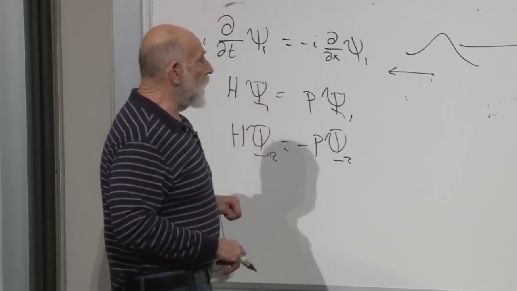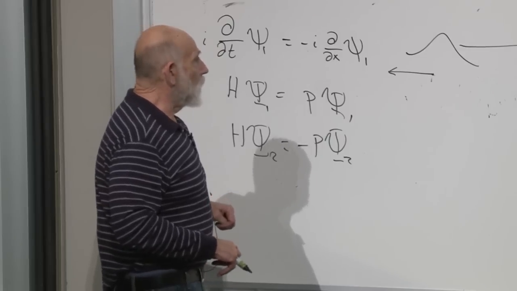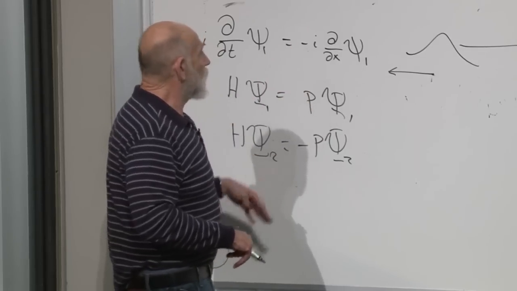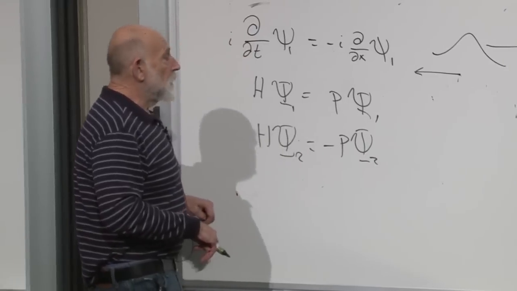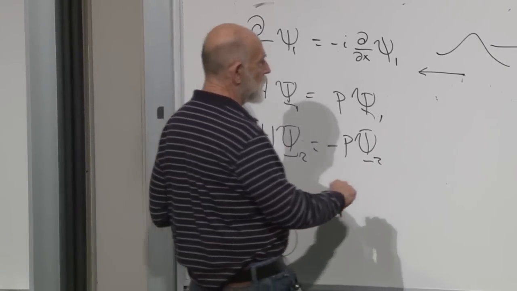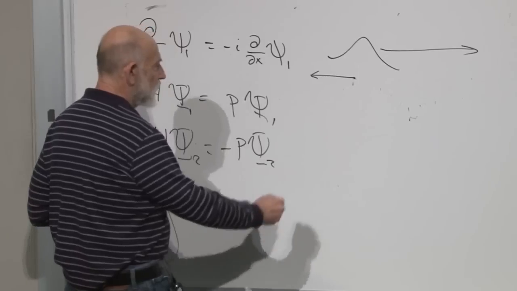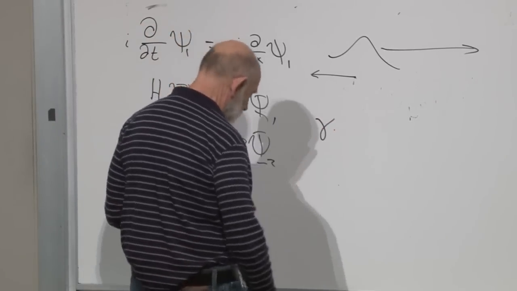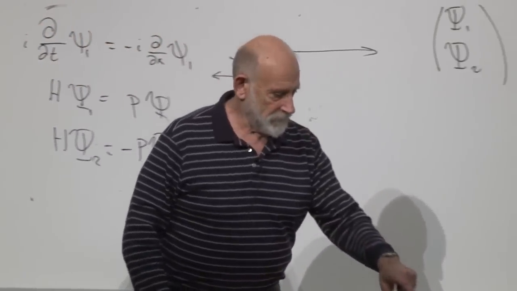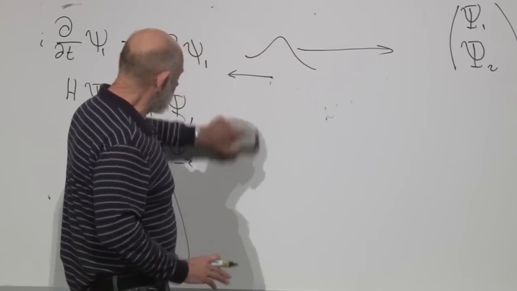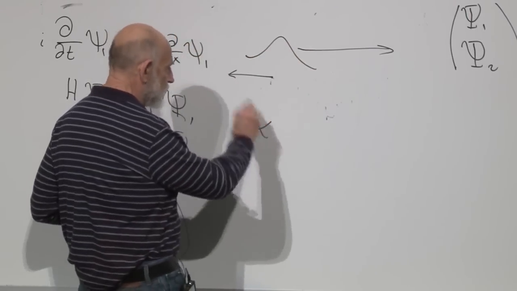Okay, then we invented a matrix. The matrix was alpha, oops, that's gamma. Lie down, alpha. Get on your side and be alpha.